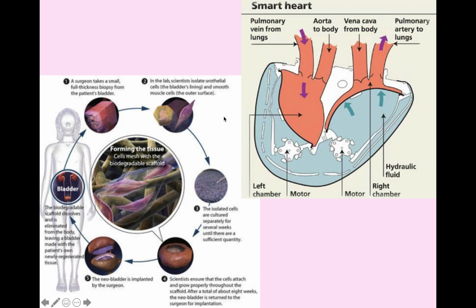Apart from that, this is how the tissue cells are formed, meshed with a biodegradable scaffold, which means you could create a biodegradable scaffold internally inside your body. You can have a look at this picture and even in your notes. I'm not going to go into details because this is a very complex process that they are doing nowadays.